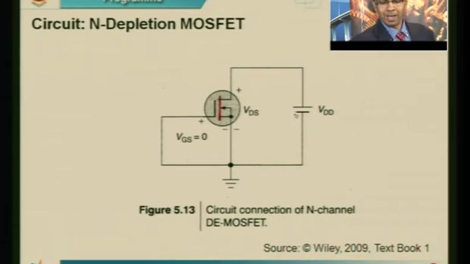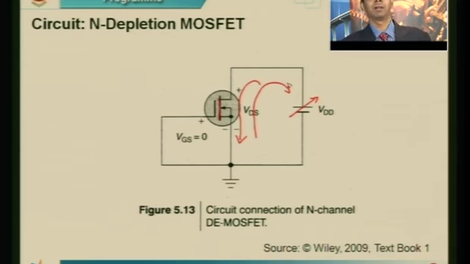The moment I apply a positive drain to source voltage, I start having the current which flows from the drain to the source. In other words, the electrons get attracted towards the positive terminal, and the flow of conventional current is opposite to the flow of electrons. So we say the current flows from drain to source. So even if there is no VGS, we are going to have the drain current.